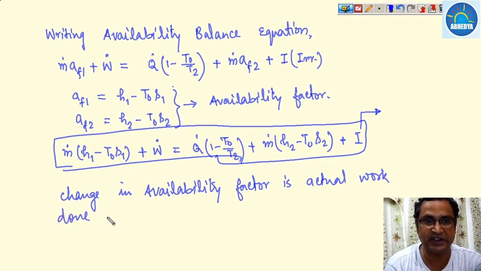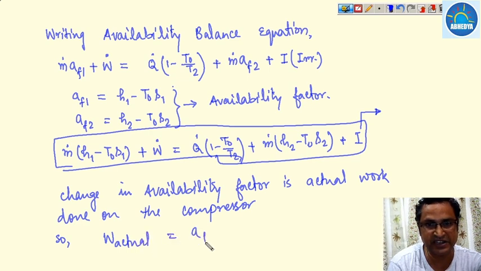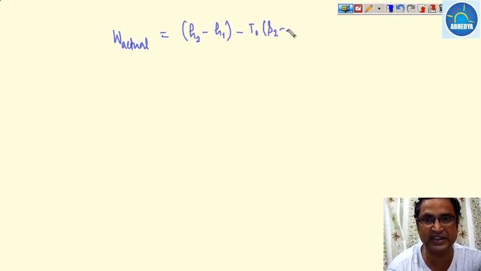Actual work has been done on the compressor. So work actual is nothing but AF2 minus AF1, and we can write work actual as H2 minus H1 minus T0 of S2 minus S1.